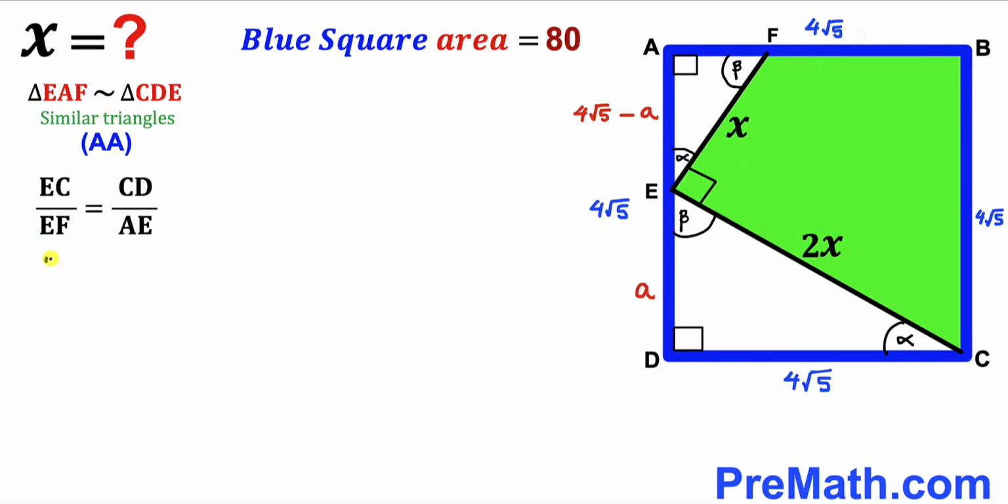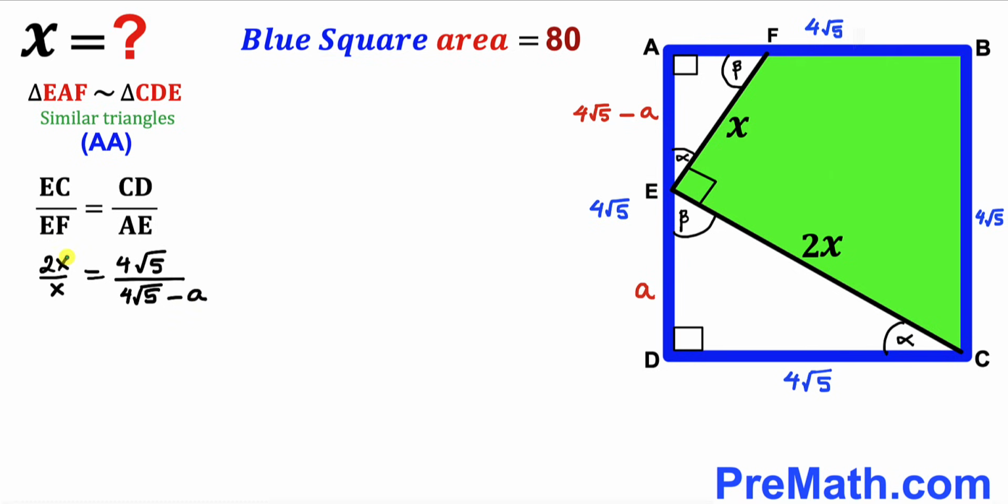So therefore we can write 2x divided by x equals 4 times the square root of 5 divided by 4 times the square root of 5 minus a.